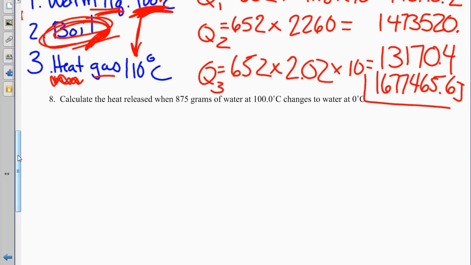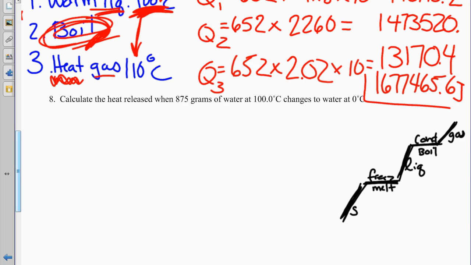If this was my quiz, I would remind myself that we start off as a solid, and then we melt, or we freeze, and then we go up as a liquid, and then we boil, or condense, and then we go up as a gas. Again, we are changing temperature while we're in a state, and when we're changing state, we're not changing temperature.